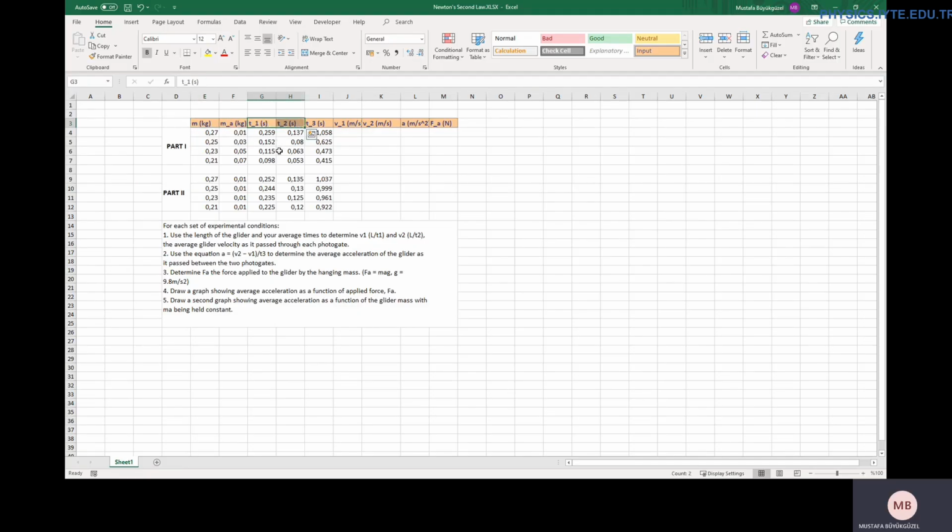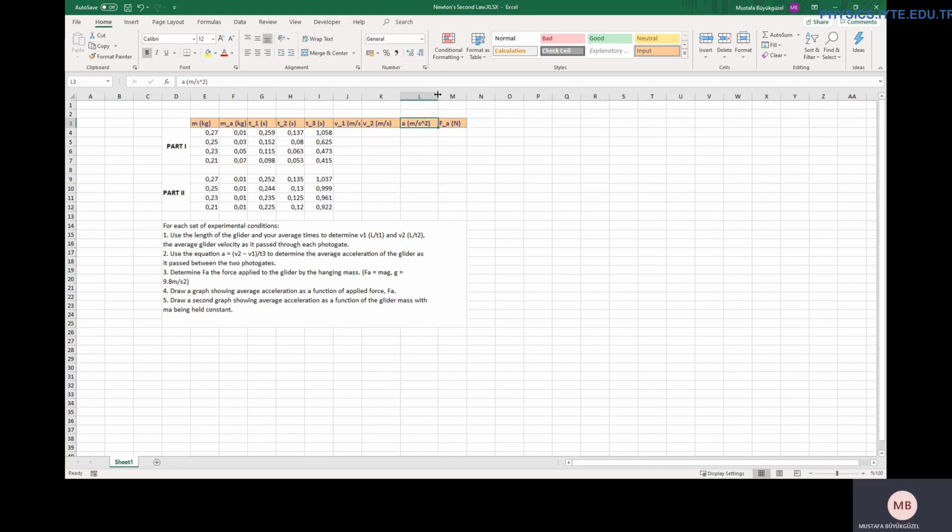These two columns are the measurements I took by using the gate mode in order to find the velocities at two different points. This column gives me the time it takes to travel in between photogates. This column will be the acceleration results, and this column is the force applied by the hanged mass on the glider.